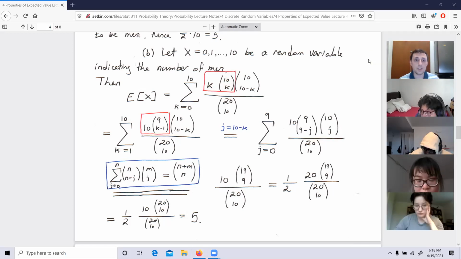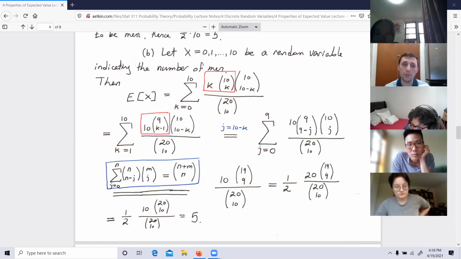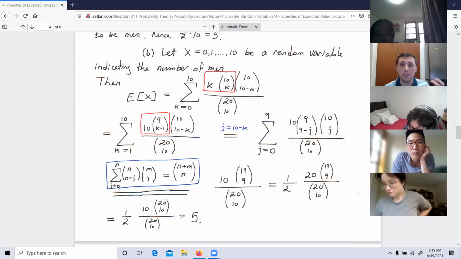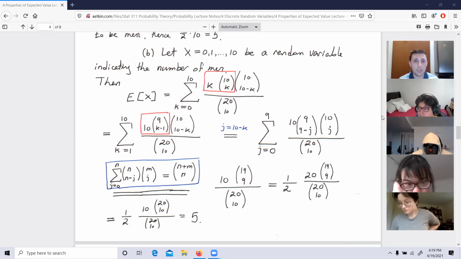Or you can first assign the leader and then choose the committee from the remaining ones. The committee is of size k. So either you assign the leader and adjoin the k-1 followers, or you first choose the committee and then from within the committee you pick the leader. So the red box and that red box must be the same. Yes?